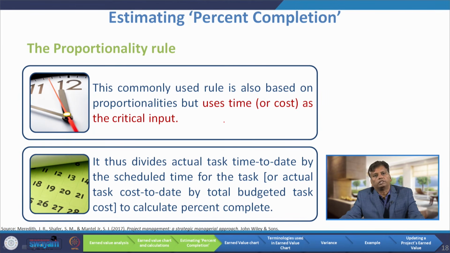The next convention is the proportionality rule. This commonly used rule is also based on proportionalities, but uses time or cost as the critical input. This divides actual task time to date by the scheduled time for the task to calculate percent complete.